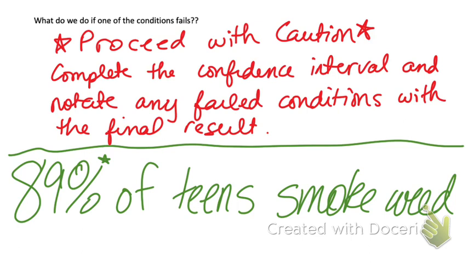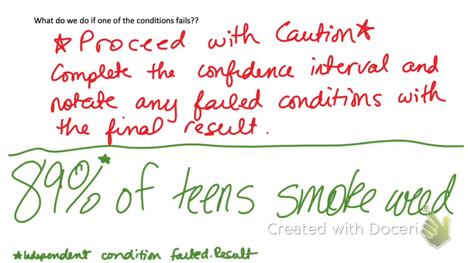So you'll see this big statistic that's written out there on the news or on a billboard or something like that, on Twitter or whatever. And you'll see a little star, a little asterisk. And then down below or at the bottom of the article or the bottom of the TV screen, you'll see a little star and you'll see some writing. And maybe it'll say something like this: Independent condition failed.